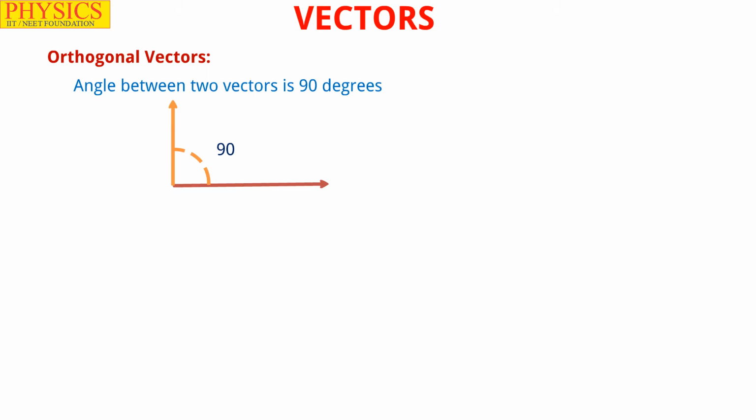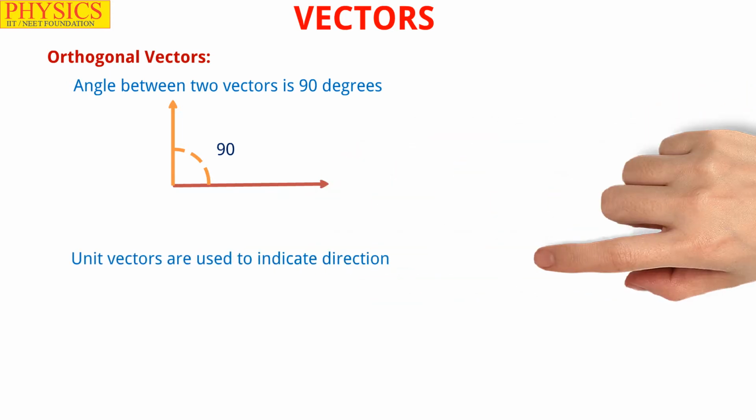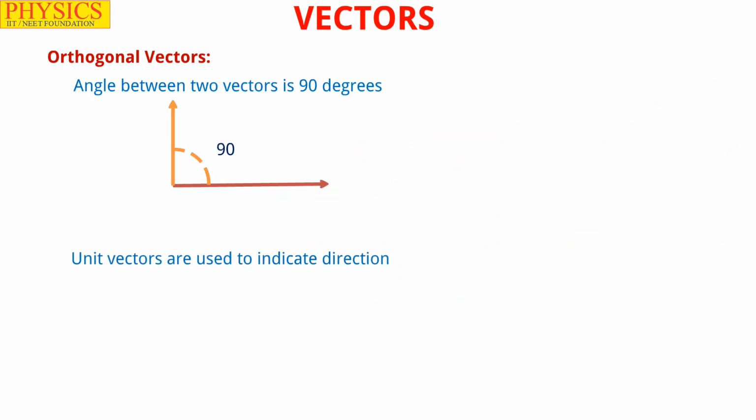Already we learnt about unit vectors. The important point of unit vectors is that they are commonly used to indicate direction.